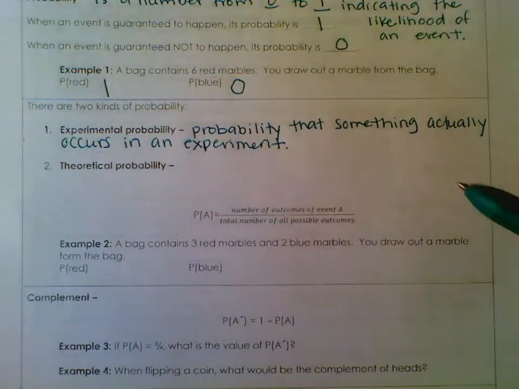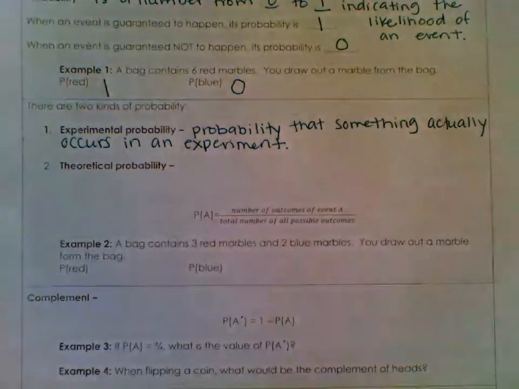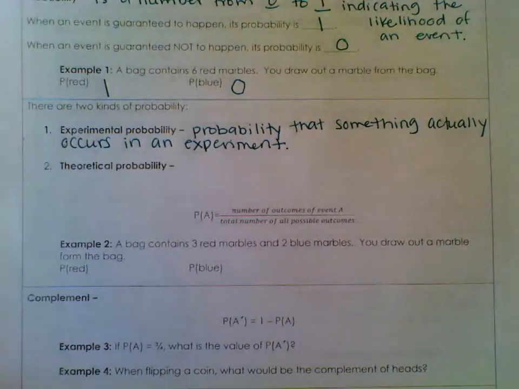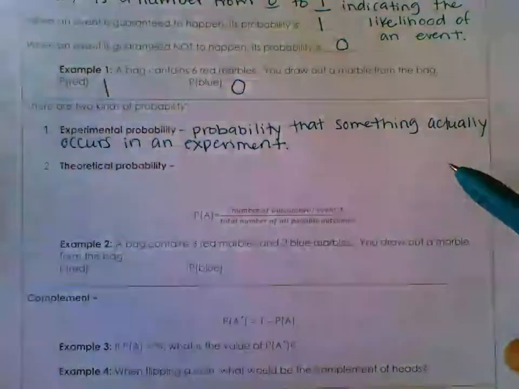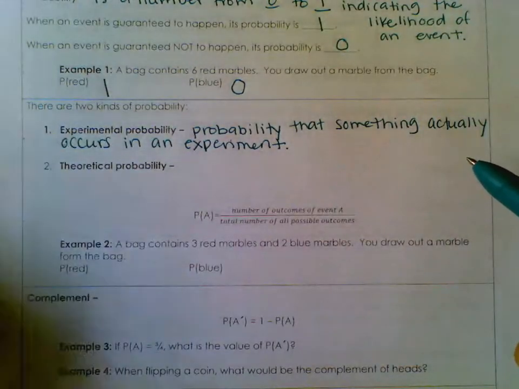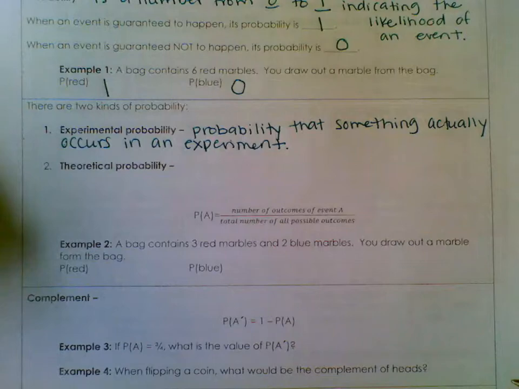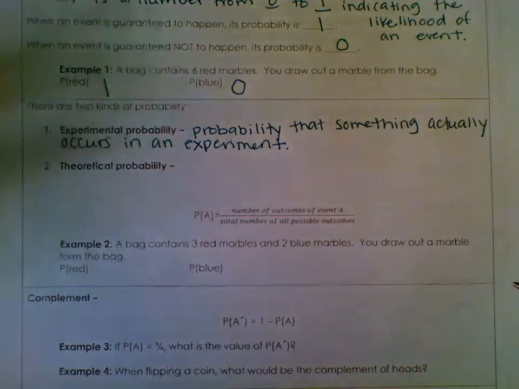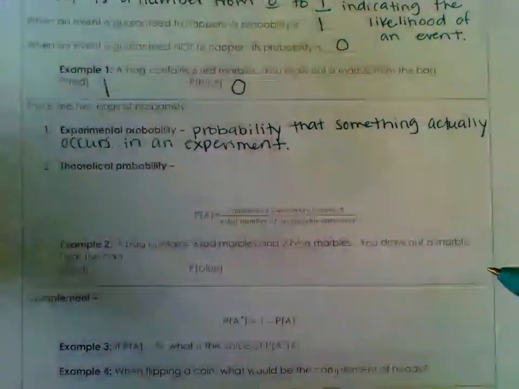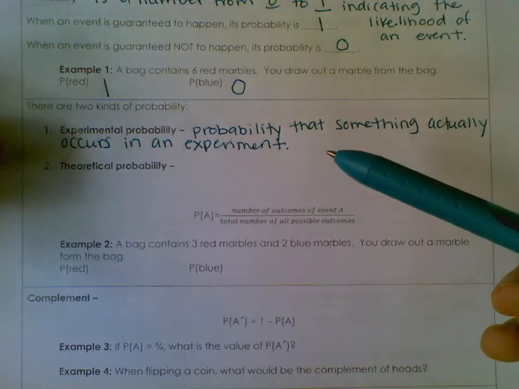So if I'm talking about the probability of flipping a coin and getting heads, we know that there's a 50-50 chance of getting heads and tails, right? Now, if you were to actually flip that coin 100 times and document how many times you got heads and how many times you got tails, you may not get 50 heads and 50 tails. You may get 40 heads and 60 tails. So 40 out of 100 would be your experimental probability, or 60 out of 100 would be your experimental probability, because that is what you physically got. That's not what we typically think of, but when I actually did the experiment, that is what I got. That probability is your experimental probability.